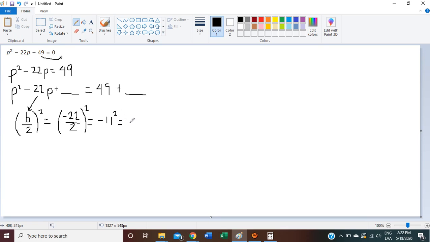Negative 11 raised to the power of 2 is going to be positive 121, because negative times negative equals positive. So this is the number that I was looking for, the number that was missing right here. So for now, I cannot do anything on the left part, but on the right part, I can do the operation.